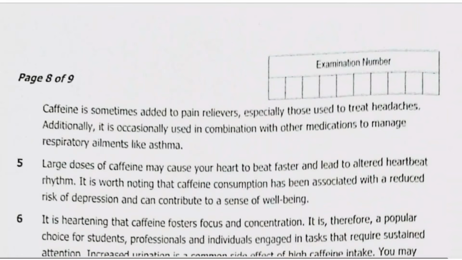Caffeine is sometimes added to pain relievers, especially those used to treat headaches. Additionally, it is occasionally used in combination with other medication to manage respiratory ailments like asthma. Large doses of caffeine may cause your heart to beat faster and lead to altered heartbeat rhythm.